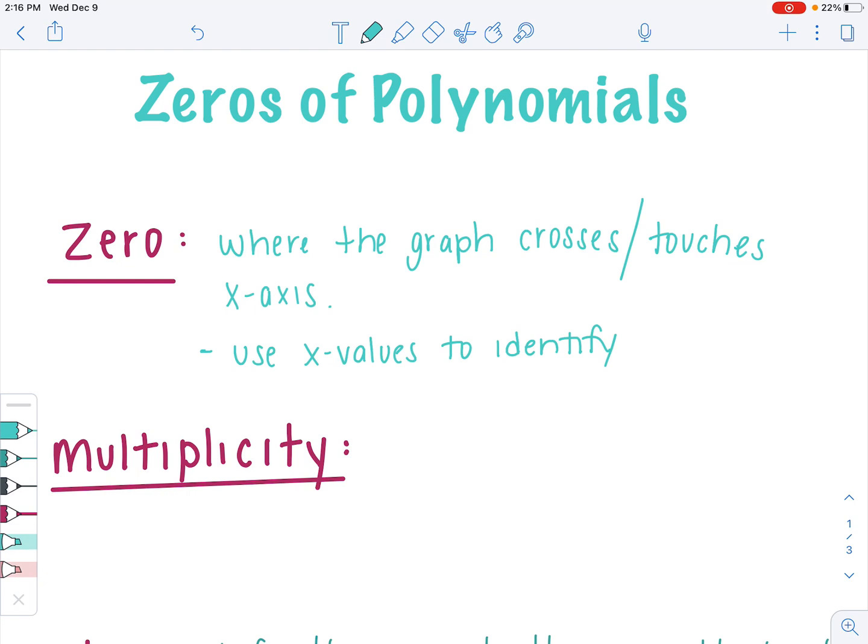So multiplicity is how many times a zero is a solution. And we have three different situations there. We could have a multiplicity of 1, a multiplicity of 2, or a multiplicity of 3.